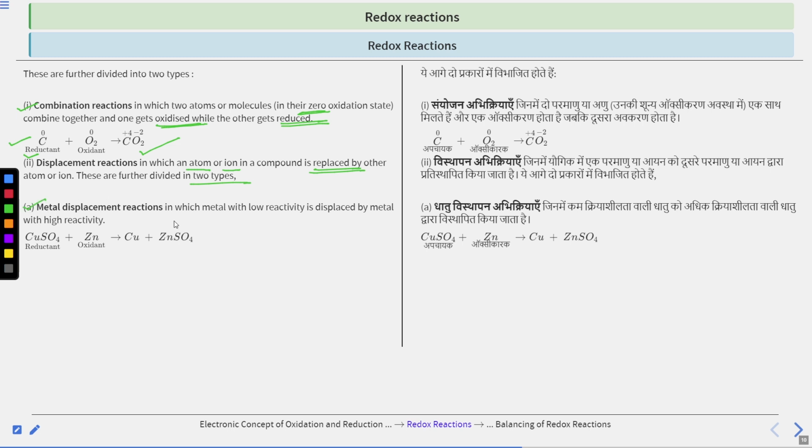First one is metal displacement reaction, in which a metal with low reactivity is displaced by a metal with high reactivity. For example, copper sulfate plus zinc, one is reductant, one is oxidant, giving us copper plus zinc sulfate. The metals get replaced by each other. This is an example of metal displacement reaction.